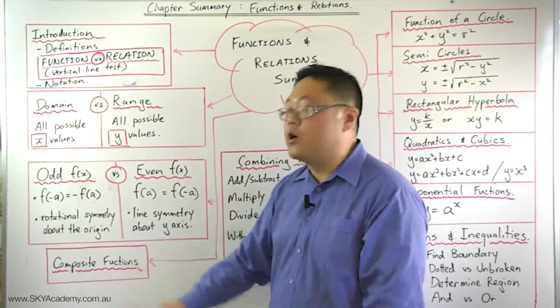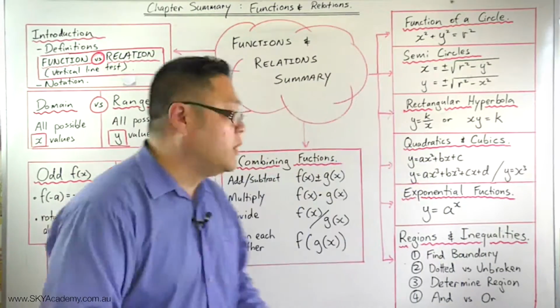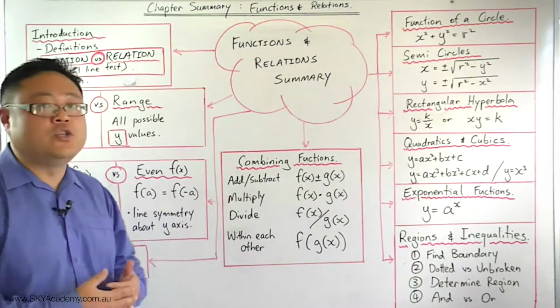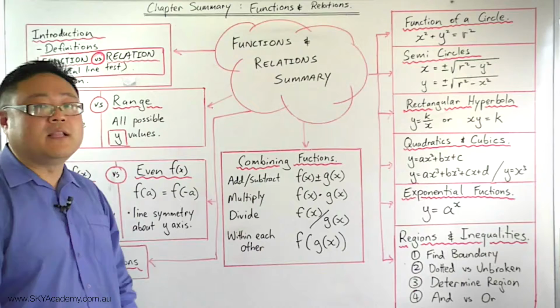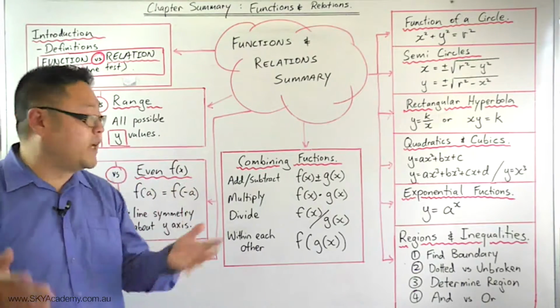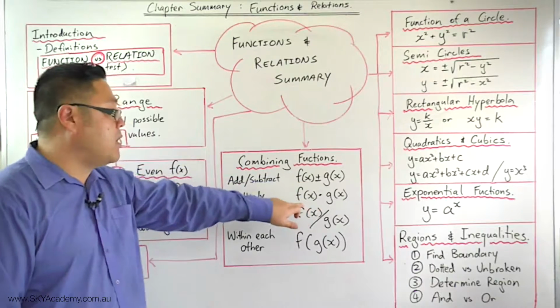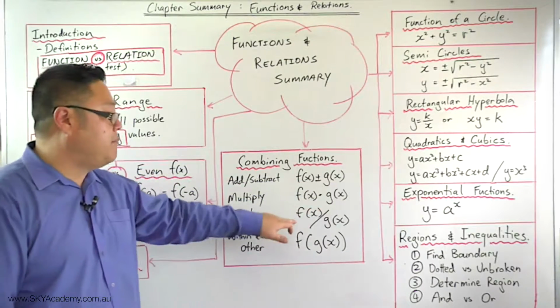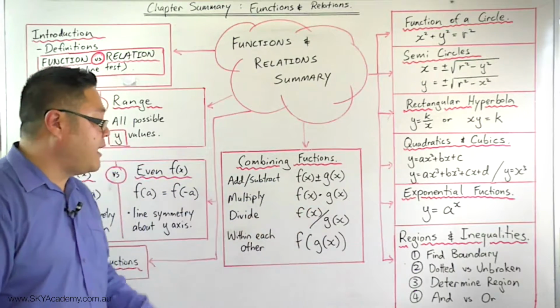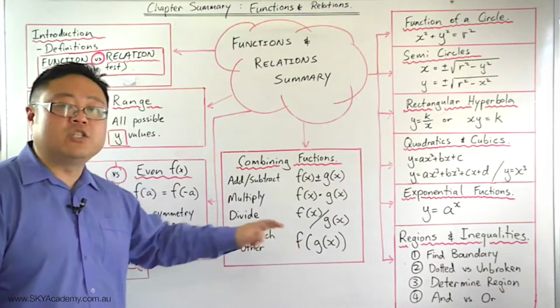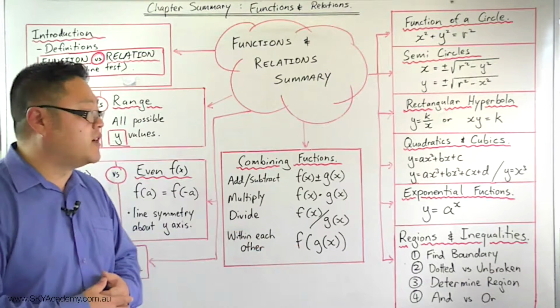We also looked at combining functions, where we have two or more functions, and we can combine them by adding, subtracting, multiplying, or dividing them, and we can also put one function inside another function.